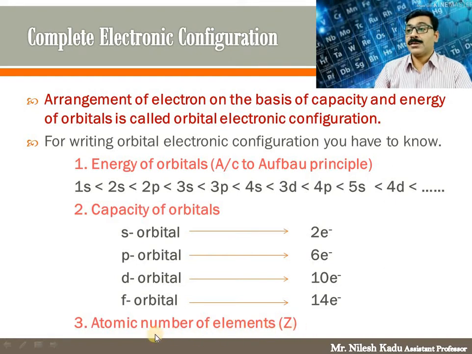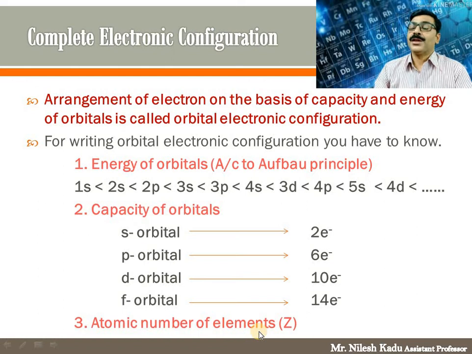Friends, it is very important to remember the atomic number of the element. Otherwise you cannot write the electronic configuration of elements. If you remember the atomic numbers of elements, then you can easily write the orbital or complete electronic configuration. So it is very important to remember the atomic number of elements.